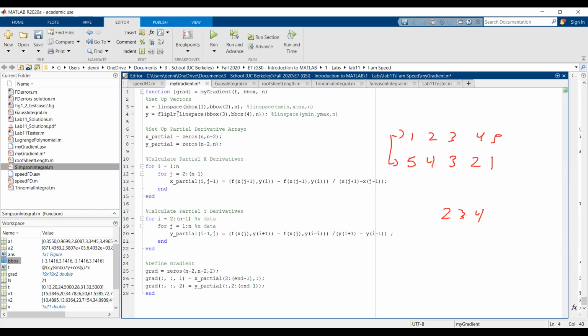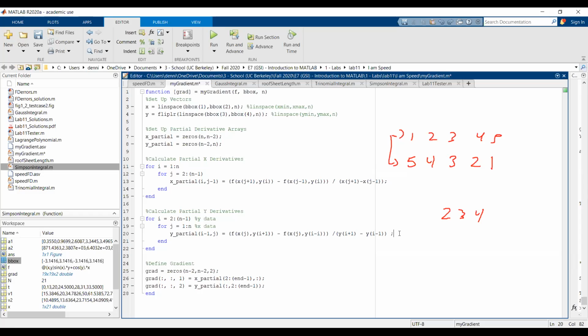Another way you could do it is not use this LR and change this to bbox 4 and bbox 3. That's the way the tester does it, I believe. But I'm going to do it this way. Flip LR, linspace, bbox 3, bbox 4. So that's going to make y go from 1, 2, 3, 4, 5 to 5, 4, 3, 2, 1. And that's going to make this indexing work out.